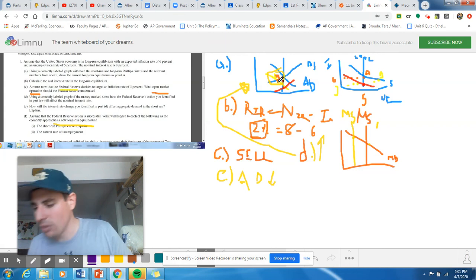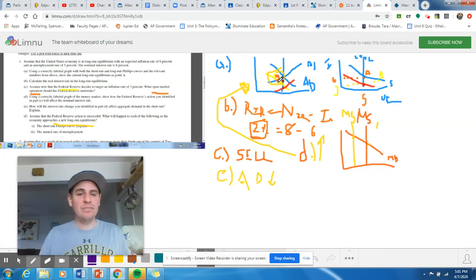How come the employees have to take that pay cut? It's because the unemployment rate is high. Because nominal wages decrease, that helps businesses. Aggregate supply shifts to the right. A rightward shift in aggregate supply causes a leftward shift in the SRPC. Again, the rule of thumb: shifts in aggregate demand cause movement along the Phillips curve in the opposite direction. Shifts in aggregate supply cause shifts in the short-run Phillips curve, again in the opposite direction.